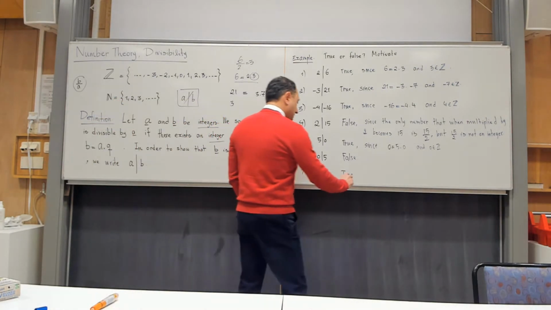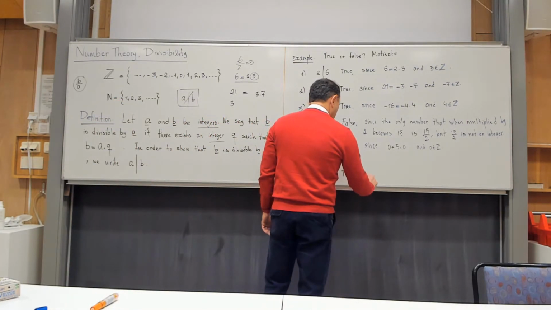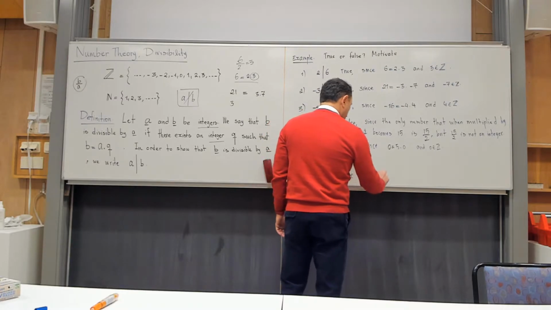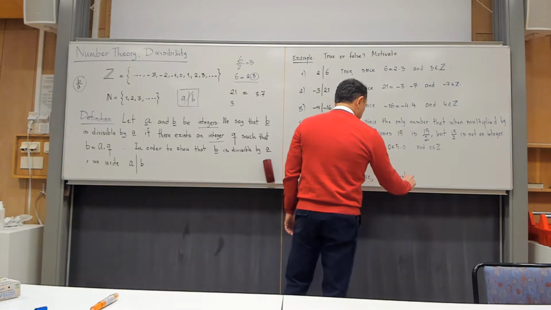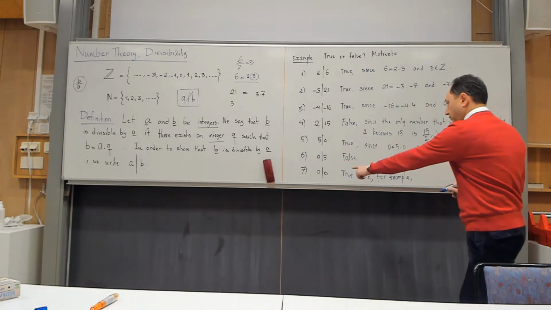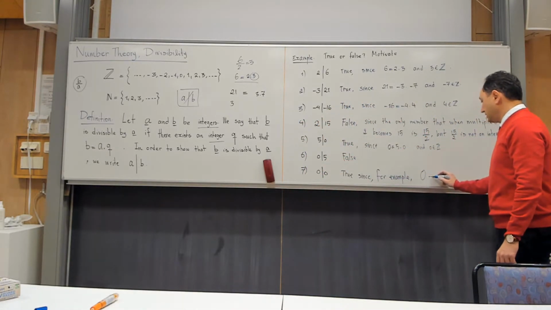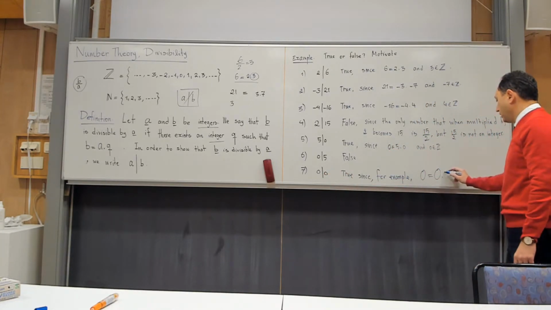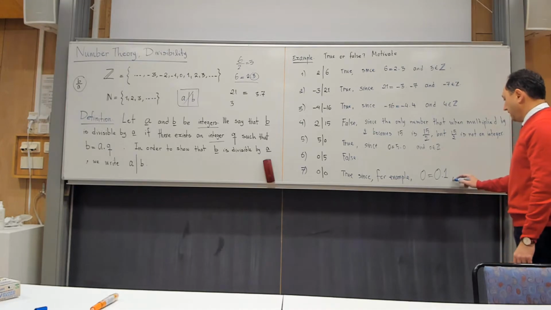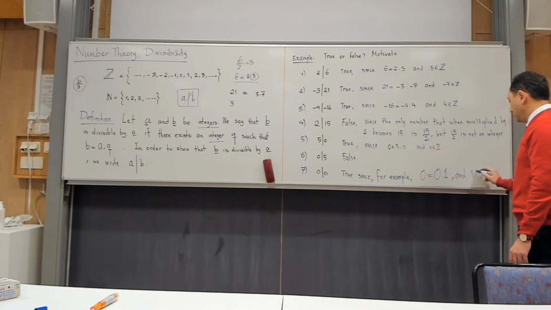So since, for example, the 0 which is on the right is equal to the 0 which is on the left multiplied by 1. And 1 is an integer.